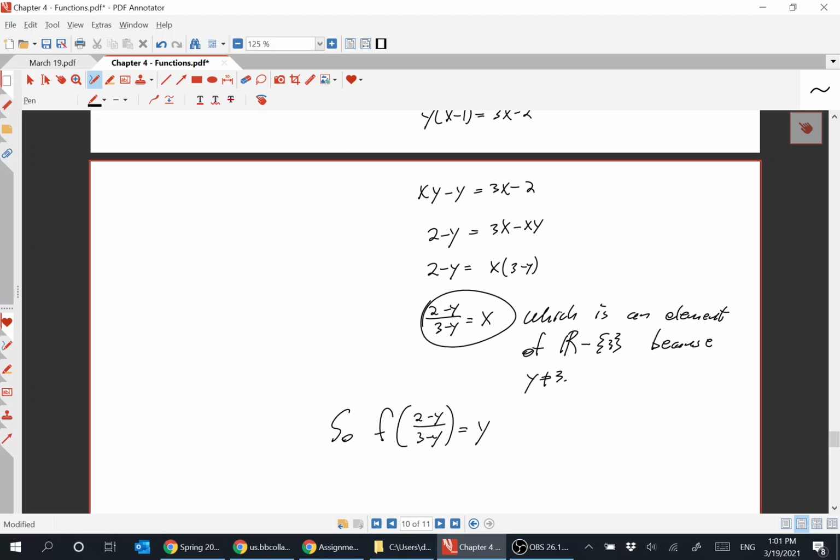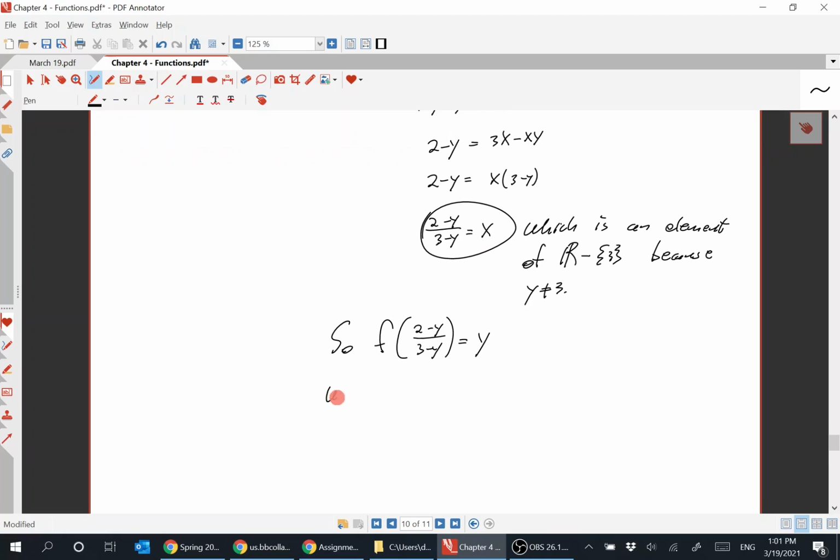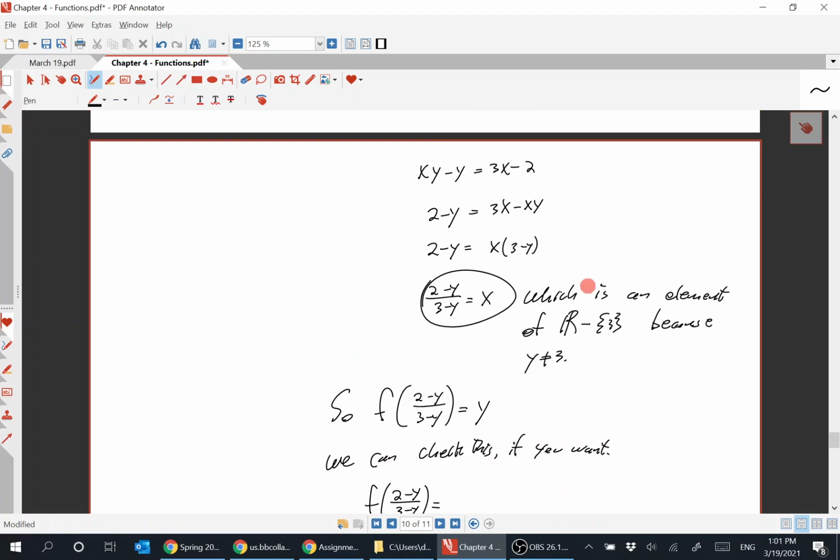Shall we check it? You can check it if you want. What was that function? All right, f of 2 minus y over 3 minus y. What was that function f?